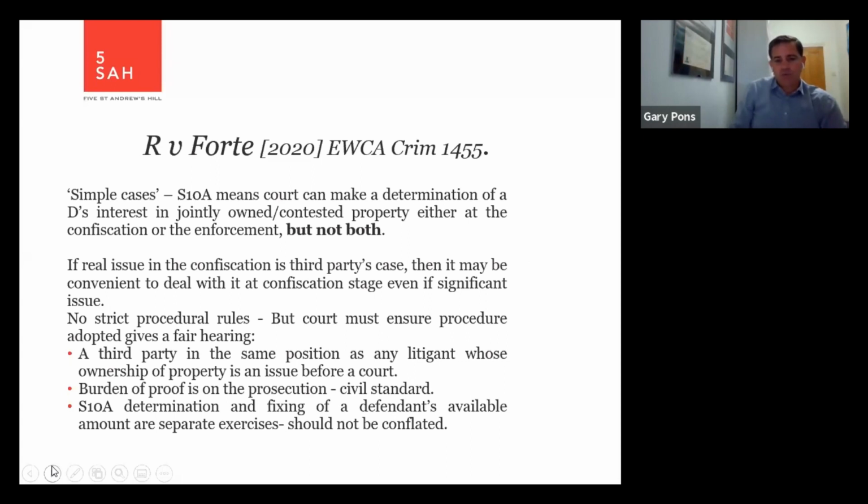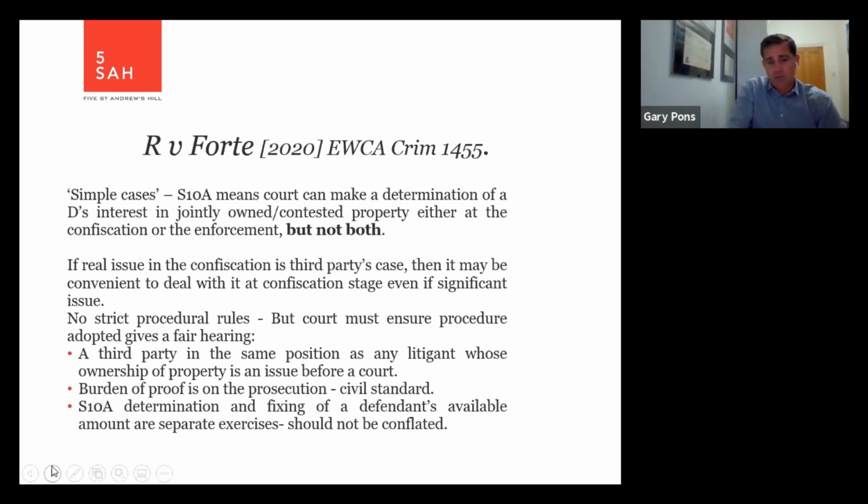Because of the nature of what is being argued, in other words, that the third party is arguing that they have proprietary interest in relation to the items that the court is considering in relation to the defendant's available amount, the third party is in the same position as any litigant whose ownership of property is an issue before the court.